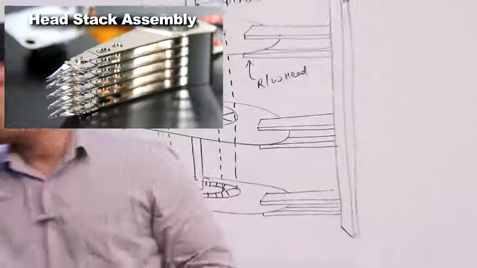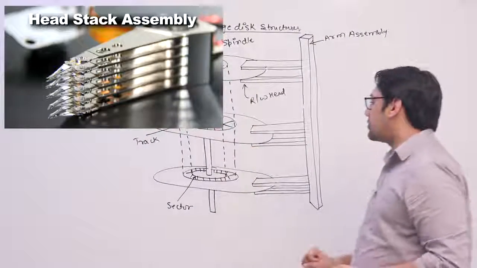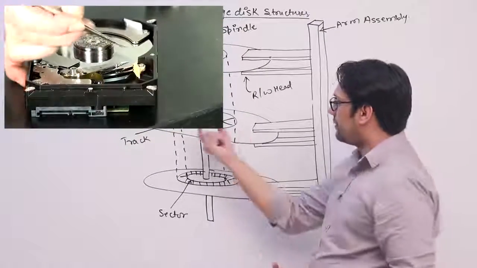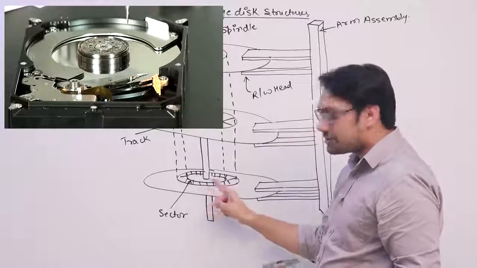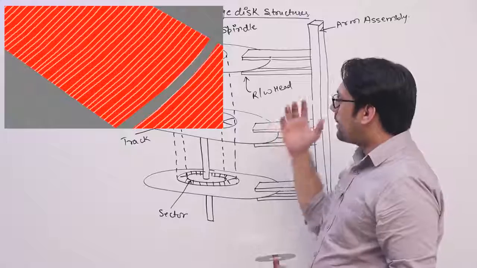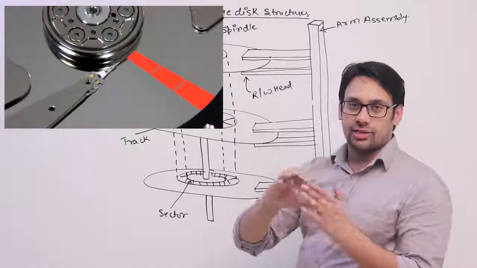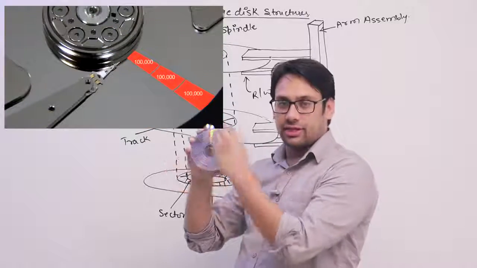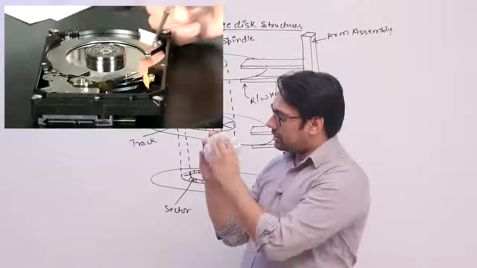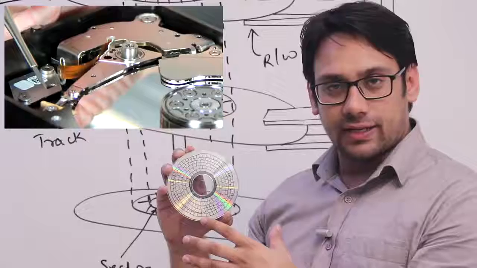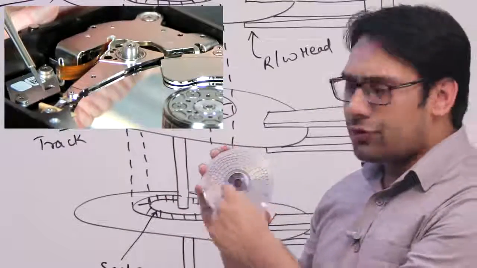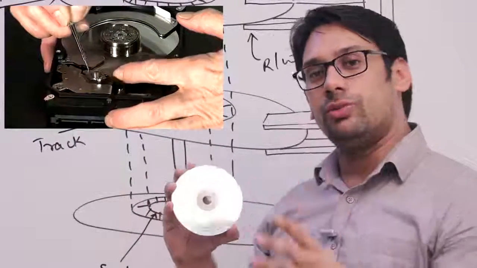Now coming back to this, these drives have tracks, and every track is divided into sectors. There are many tracks in a platter, and every track is divided into various sectors. The number of sectors in every track is going to be equal.